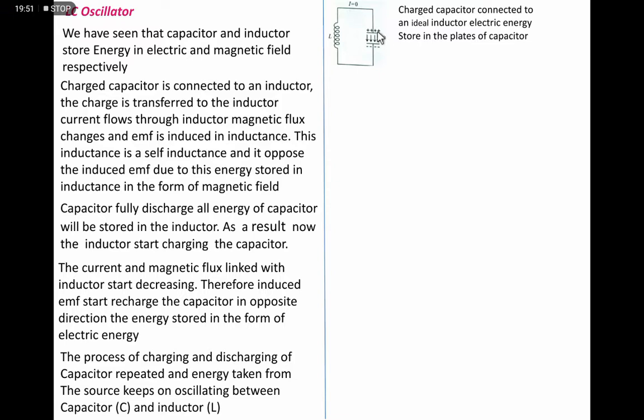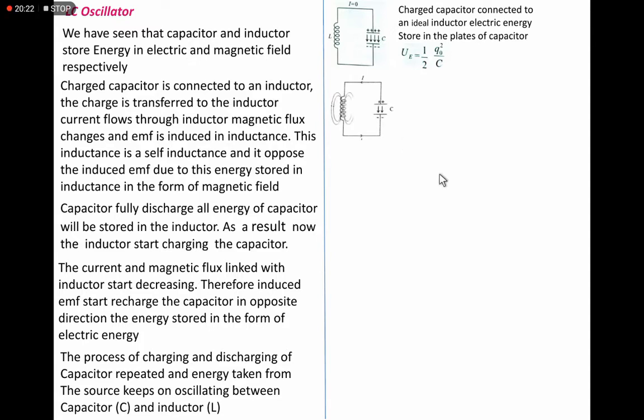Now the electrostatic energy from the capacitor moves to the inductance, the inductance is fully charged, and the magnetic field energy will be across the inductance. This energy will be shown with this equation. We already studied it in the previous chapter, electromagnetic induction.